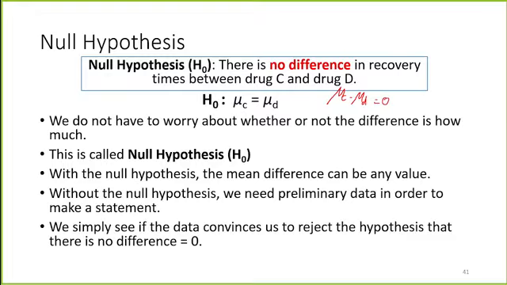The same thing. ก็คือ mu ก็คือค่าเฉลี่ยของ population ใช่ไหม So we do not need to worry about how much the difference is. This is called the null hypothesis. The mean difference can be any value in this case.